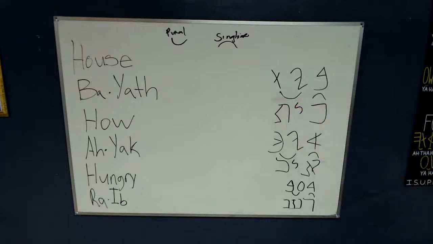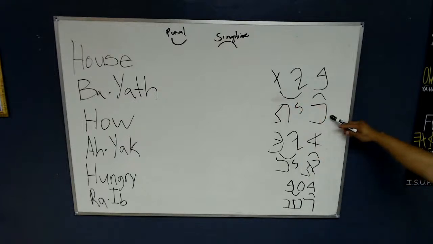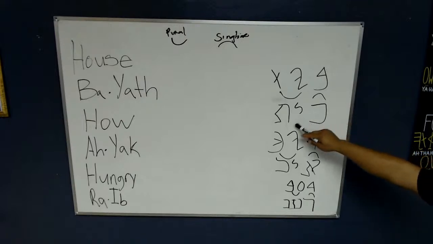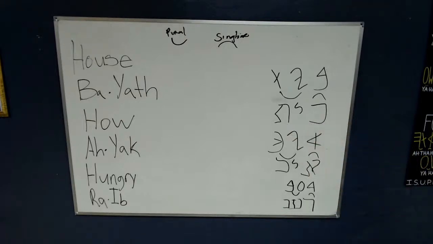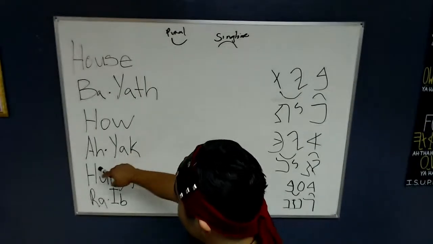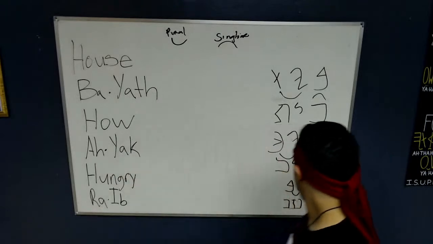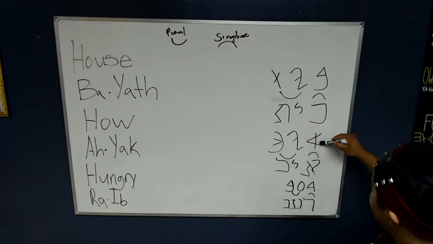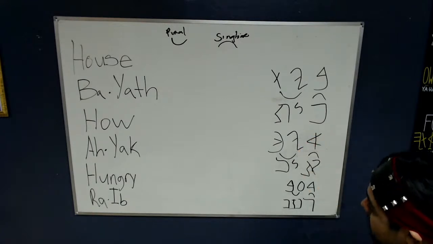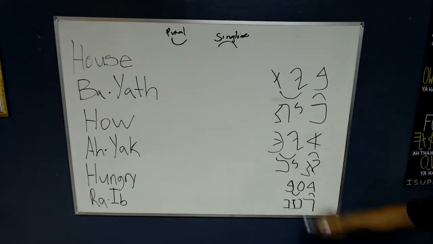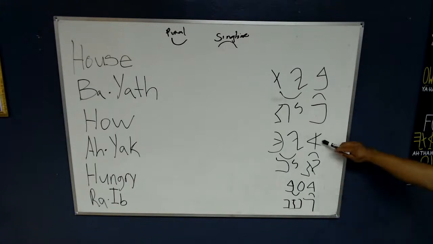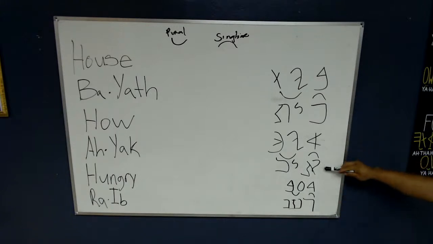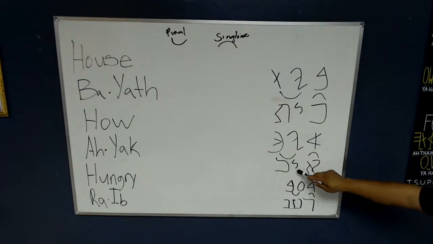Yas, right? And then Syrian, ba, yas, right? Then we got how, yak. We got yak, right? How, yak in the ancient Hebrew, right? And then we got Syrian, yak.